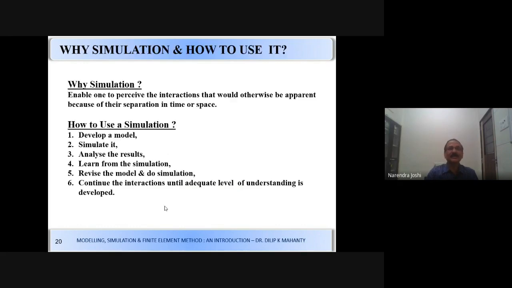Now this is simulation. Why is it required? How to use it? It enables us to perceive the interactions that would otherwise be apparent only because of their separation in time or space. Though it is just a one and a half line sentence, it is very big. If you look at any kind of process, for example, a very complicated process of a thermal power plant or any power plant.